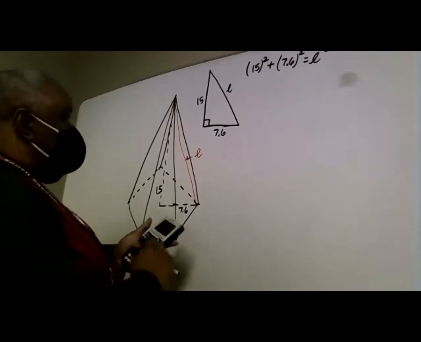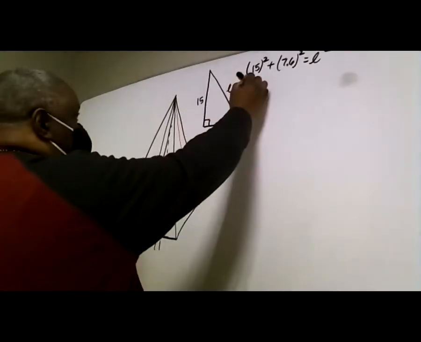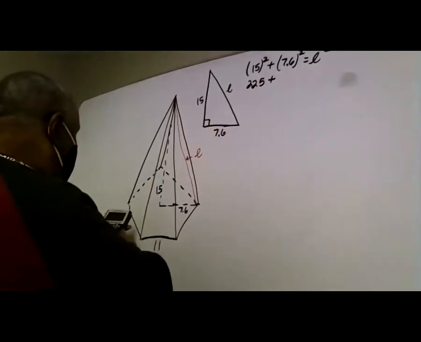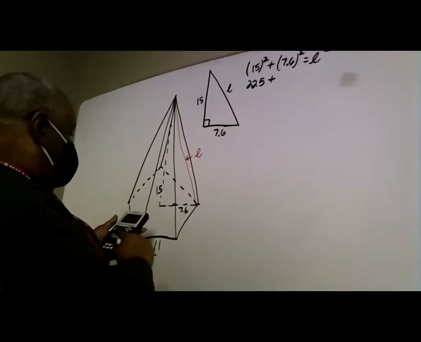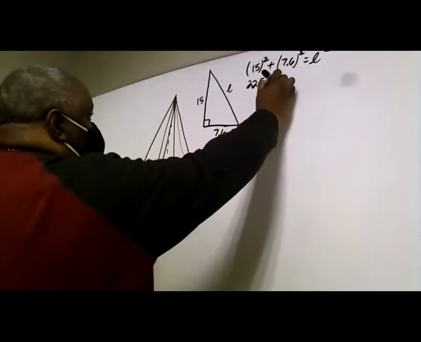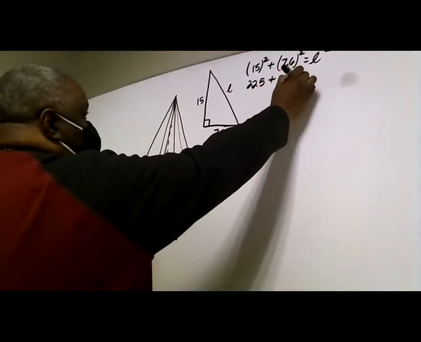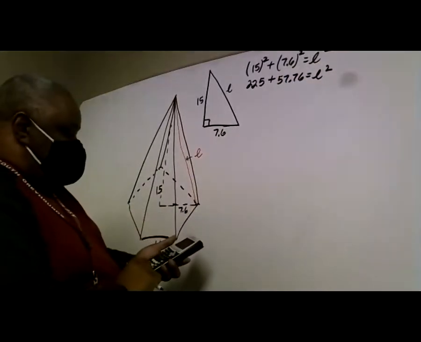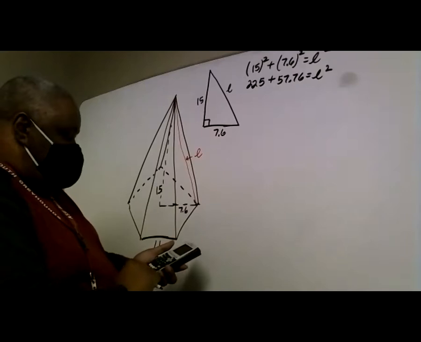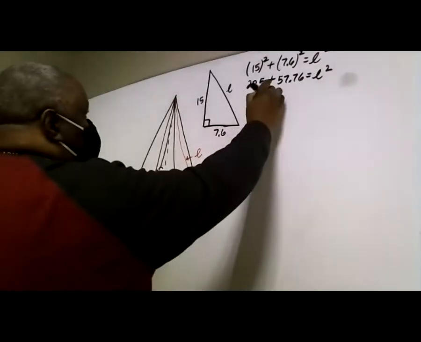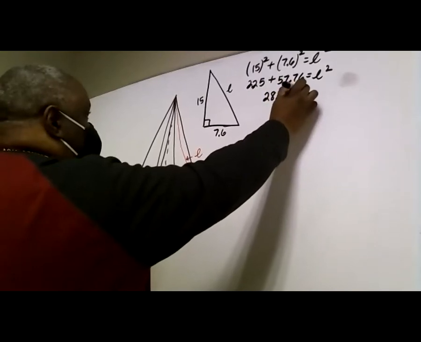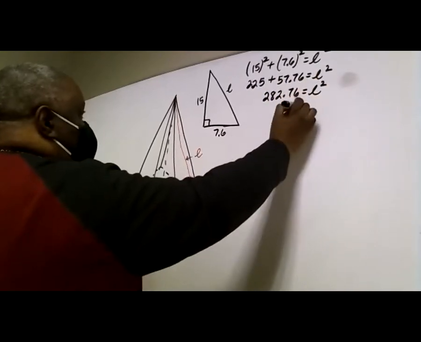And in this case, 15 squared is 225 plus 7.6, and if we square that, that's 57.76. That's equal to L squared. Add that to the 225. This will be 282.76. That would be equal to L squared.